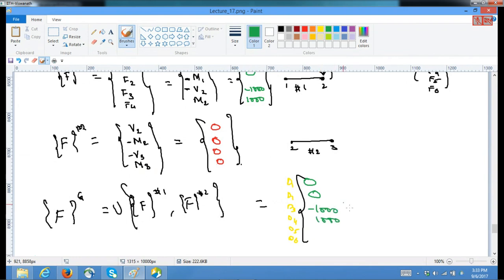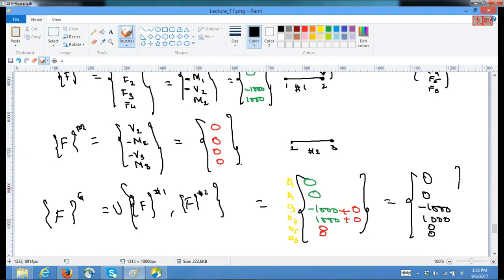And coming from the second one, it is plus 0, plus 0, 0 and 0. And hence our F global can be taken as 0, 0, minus 1000, plus 1000, 0, 0.